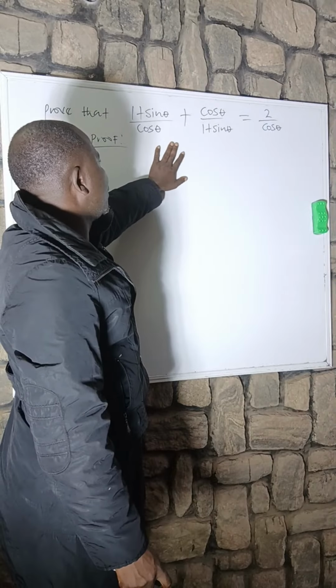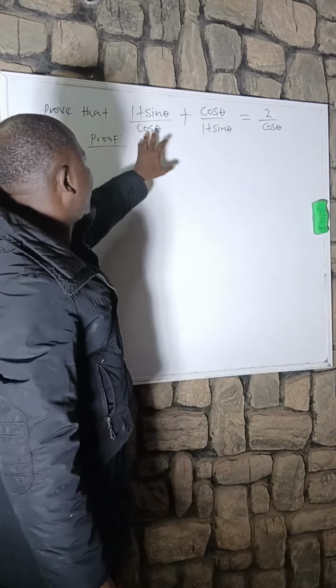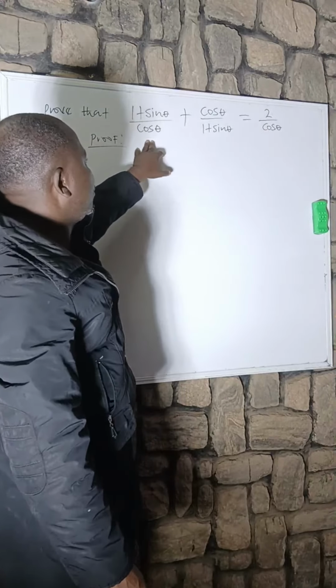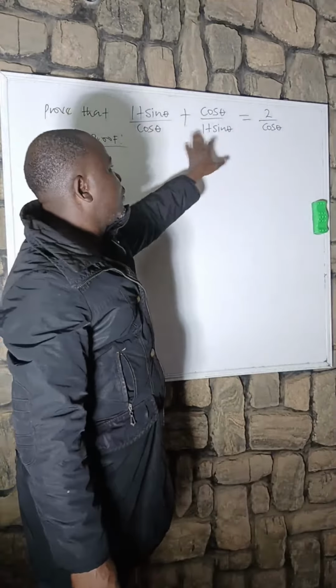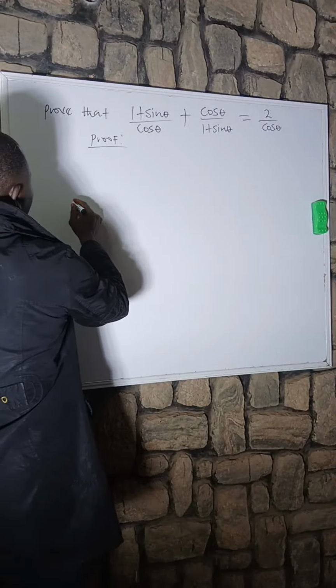What you need to do is first consider the LCM. The LCM of this and this will be what? The product of these two of us. So let's consider the LCM. Let's have it in this form.